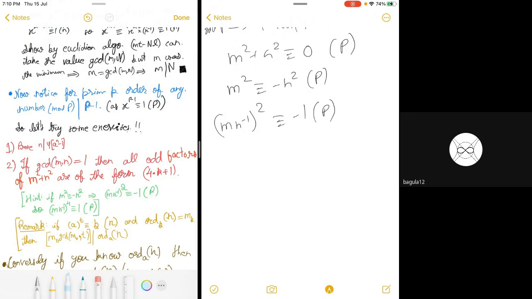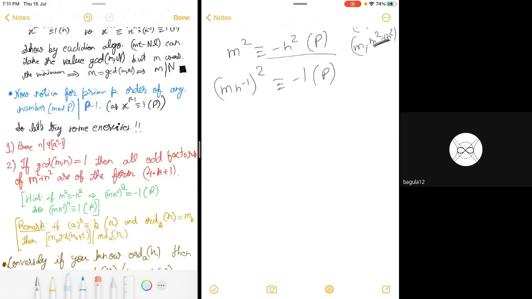Now we can do this because n and p are co-prime. This is because m and n were co-prime. So if m and n are co-prime, then m and m square plus n square are co-prime, and m square plus n square has a prime factor p. So m and p are co-prime. Similarly, n and p are co-prime.